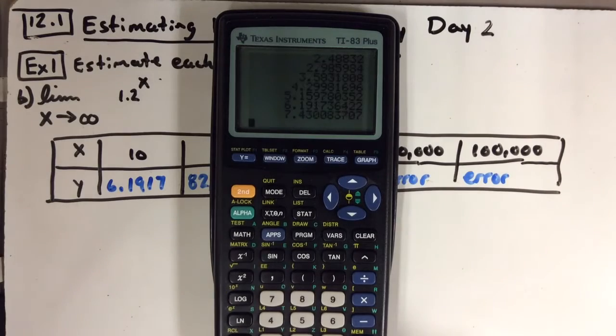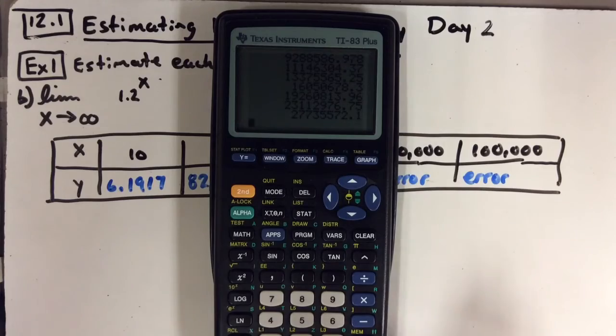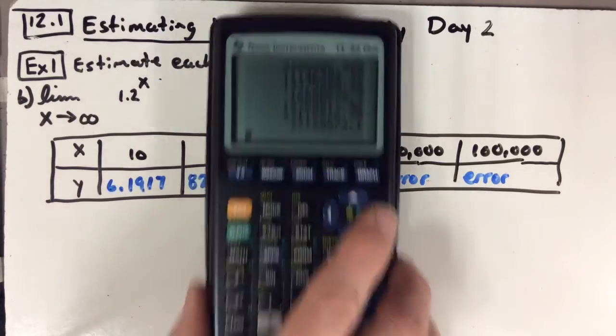And if you keep multiplying by 1.2 over and over again, and you hit this button 10,000 times, you're going to end up with a number that gets pretty big. Eventually the calculator is not going to be able to handle it, and it's just going to say, I can't do it anymore, it's an error. So again, it's not actually true.